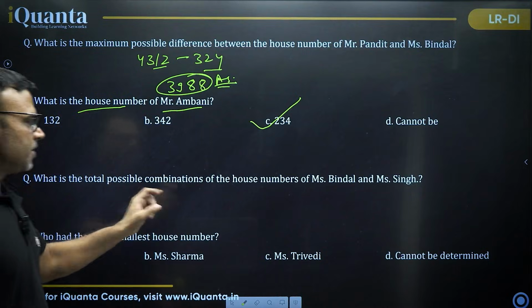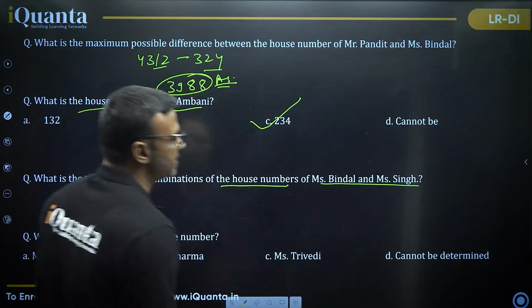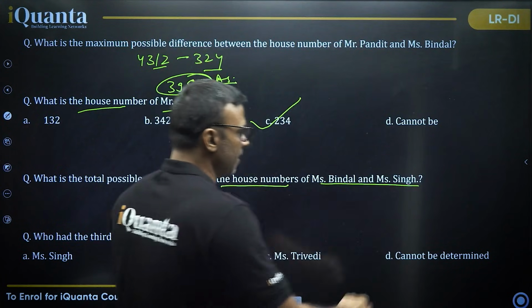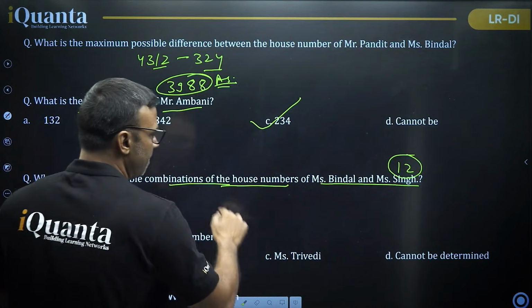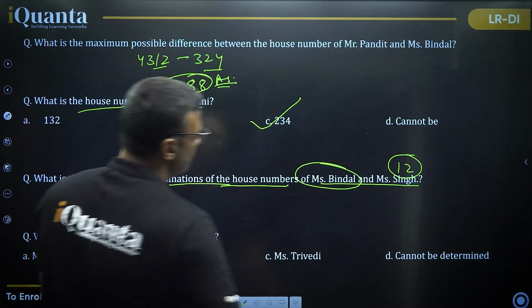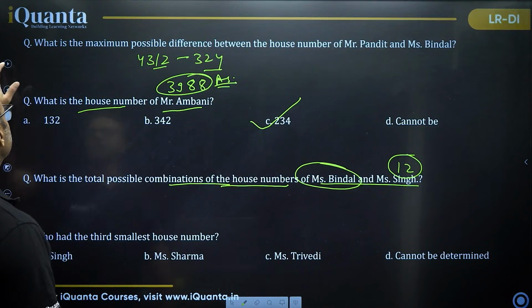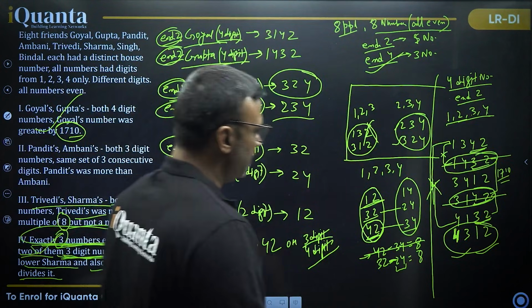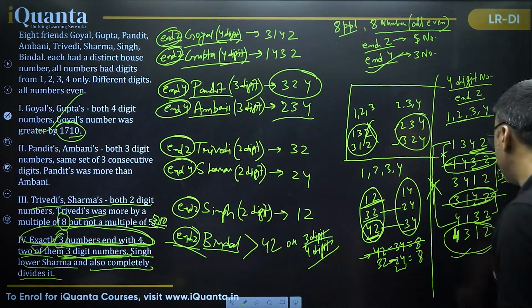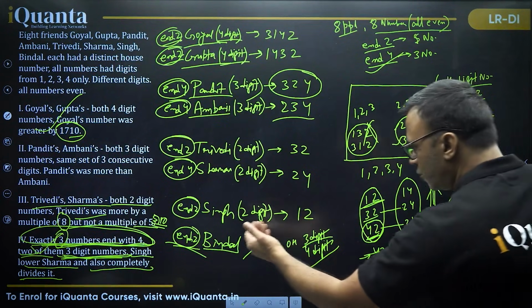What is the total number of possible combinations of house numbers of Miss Bindal and Miss Singh? Miss Singh is already clear, it's 12. So the number of combinations depends only on Miss Bindal. What are the possibilities available for Miss Bindal? Go back and check. As far as 4-digit numbers are concerned, 2 of them are already used and it has to end in 2.